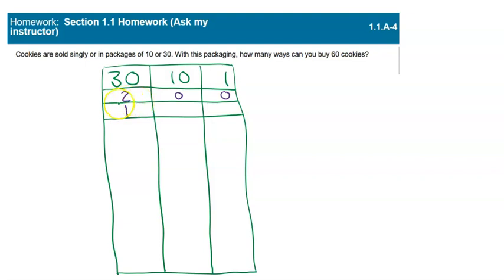So if I've got 1 package of 30, then I could do 3 packages of 10. That would work, right? Which would mean I don't need any singles at all. So make sure that adds to 60. So 1 package of 30 plus 3 packages of 10, that does add to 60. So that's another way we could package this situation.